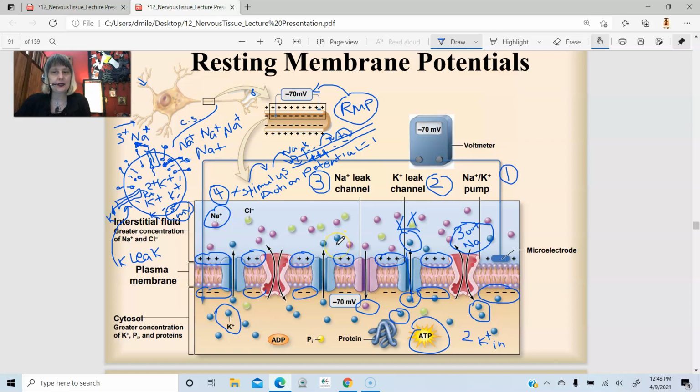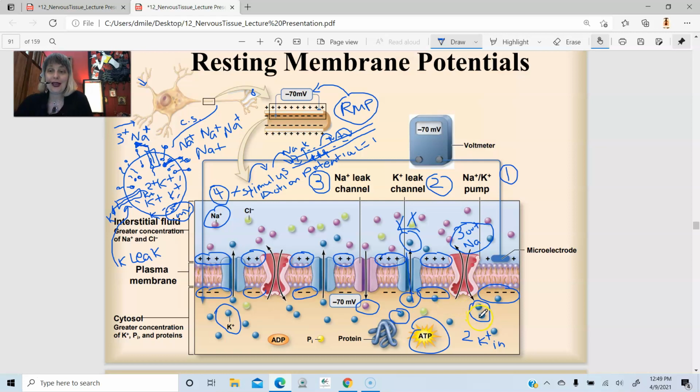The sodium-potassium pump, which is going to be at a 3:2 ratio, chucking 3 sodiums out, 2 potassiums in. ATP is used. That's why it's called a sodium-potassium ATPase pump. That will maintain the resting membrane potential at a more positive environment outside the cell and a more negatively charged environment inside the cell.